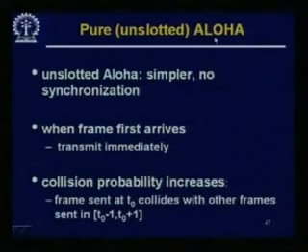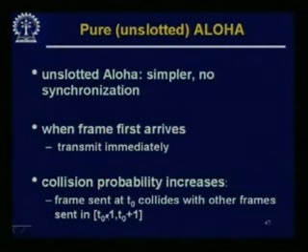For pure or unslotted aloha, it is simpler, no synchronization. When frame first arrives, transmit immediately. So collision probability actually increases. Frame sent at T0 collides with other frames sent from T0 minus 1, assuming that each frame takes 1 unit of time to send, up to T0 plus 1.